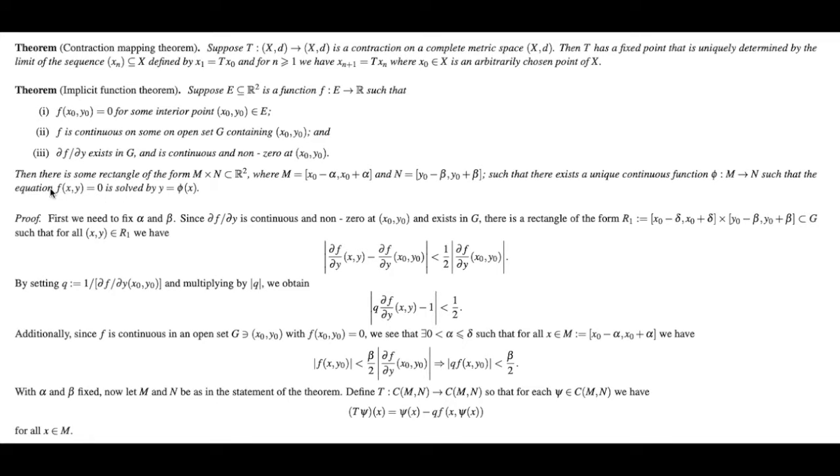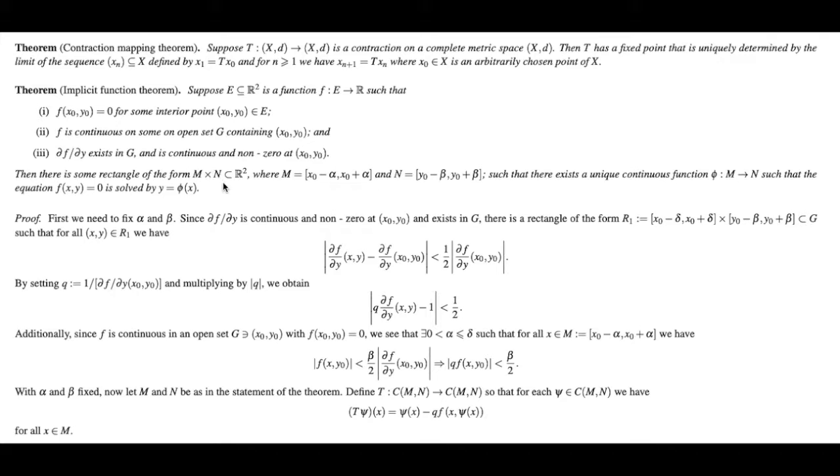In other words, f(x, phi(x)) equals 0 for every x in M. And this is a unique continuous function. There's no other continuous function that satisfies the equation f(x, y) = 0 in the rectangle M cross N.